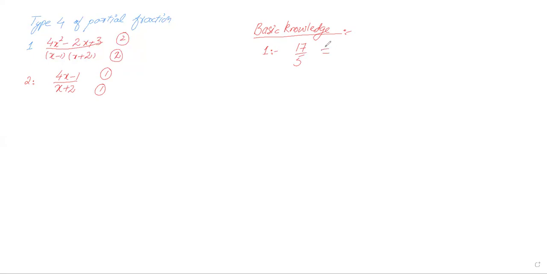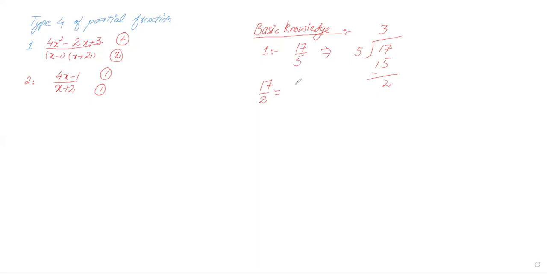So you can write this as a mixed number. How? In the long division method, we have 17 divided by 5. I get 5 threes are 15 over here. After subtracting, I will get 2. So this fraction 17 by 5, I can write by this method.